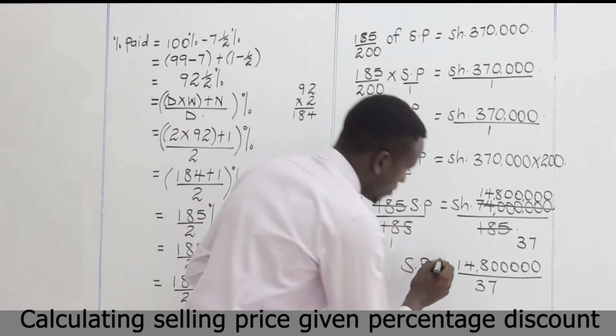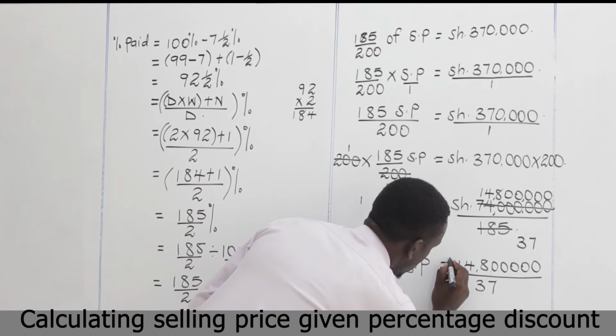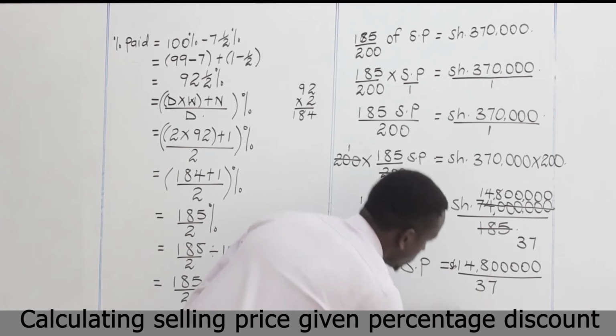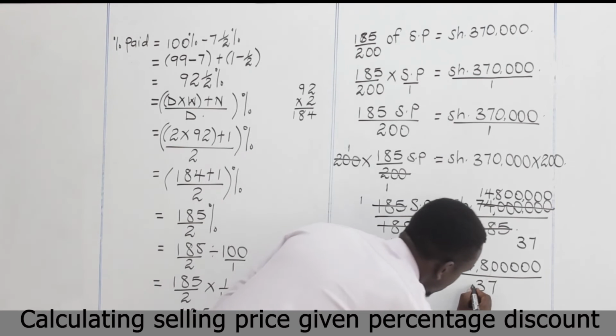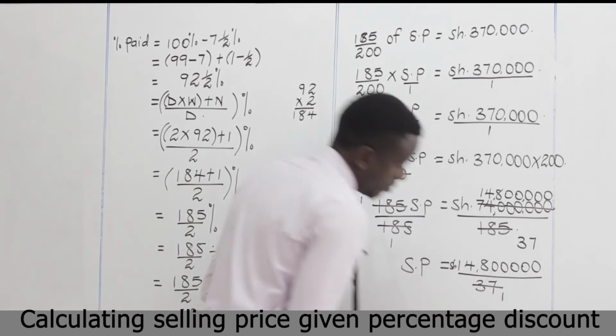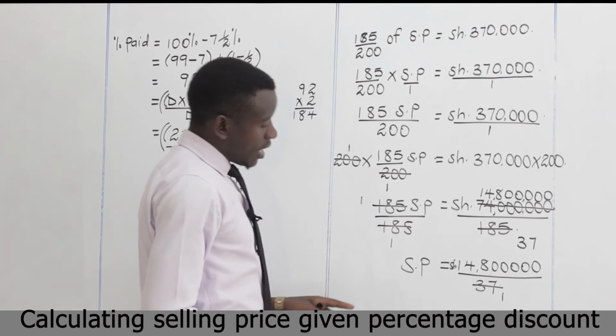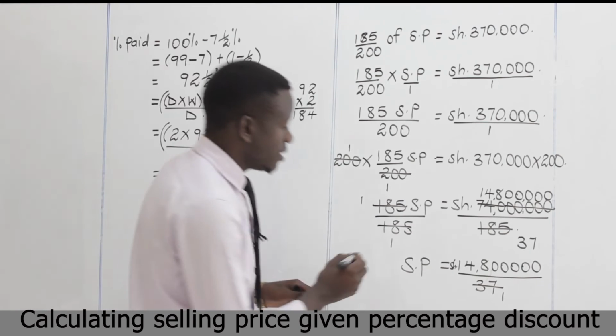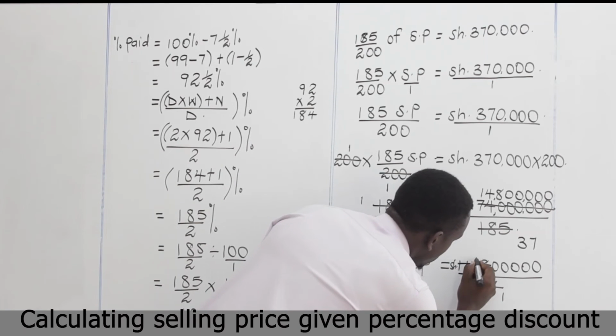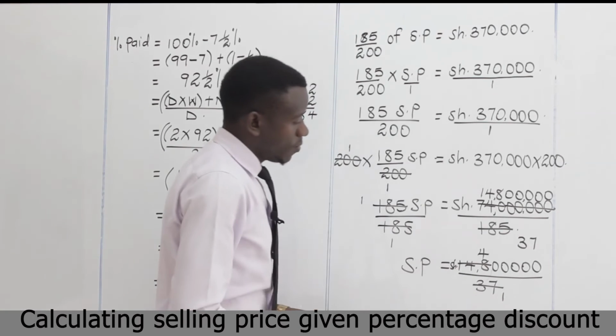Then we shall have our units as shillings. Then from there, we have 37 divided by 37, which is 1. Then 148 divided by 37, we shall get 4.